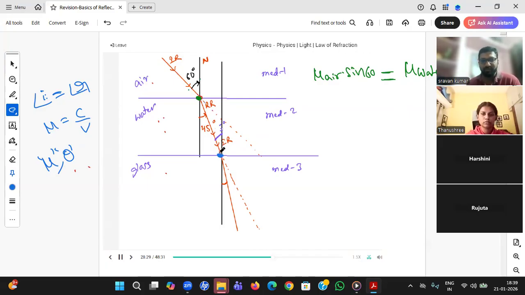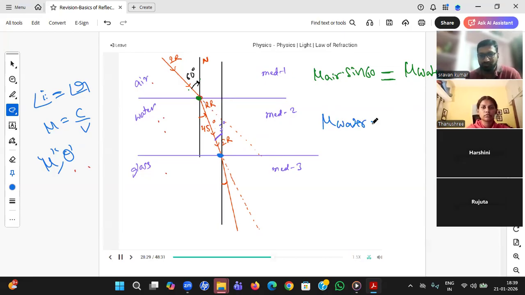From medium 1 to medium 2, which is water. Tell me, what should I write in Snell's law here? Mu of medium 2, or water, into sine 45. Very good. Sine 45.